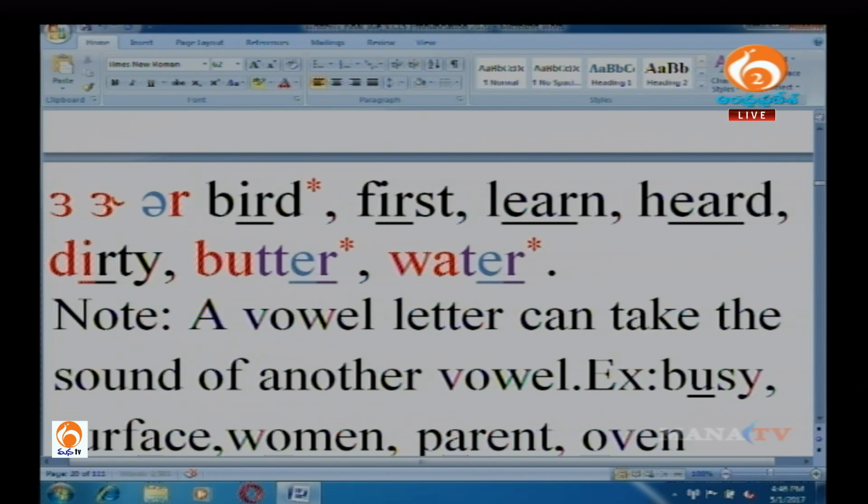All right, just a few more. Bird, okay? First, learn, heard, dirty, butter, water. Now, the last R is not pronounced in British English. How would you pronounce that? Butter, water. Americans call it butter, water. Those fine details you learn if you go to one of those places or look up the dictionary, okay?